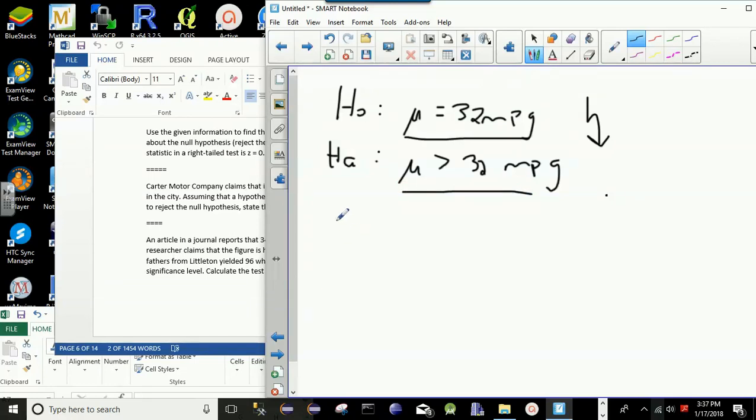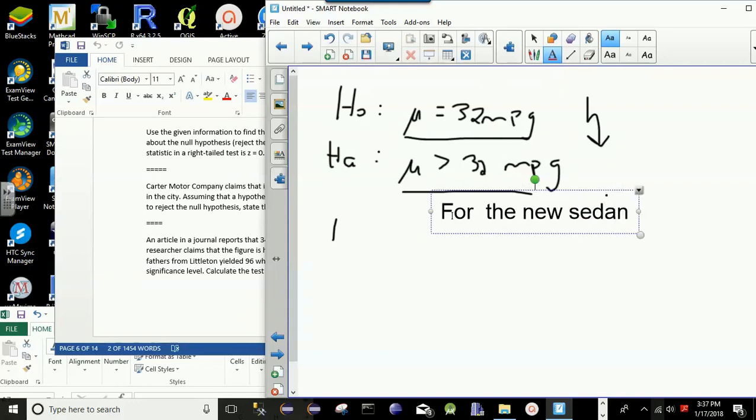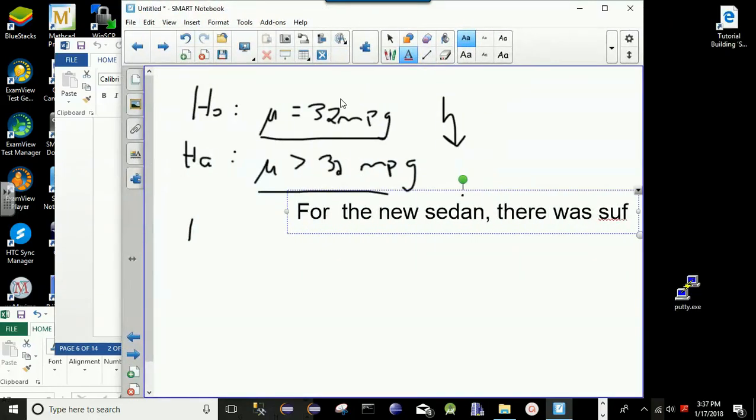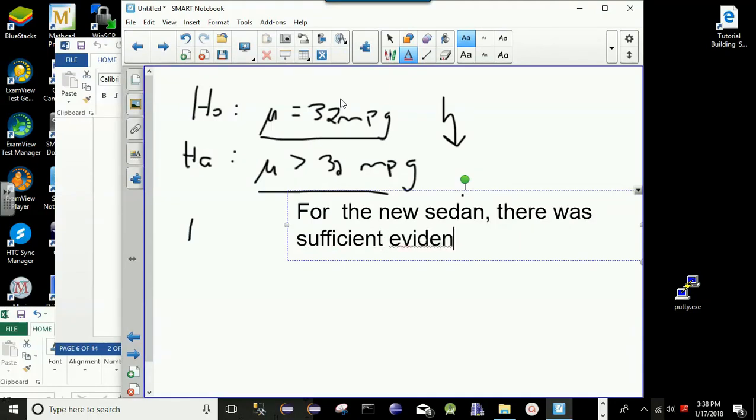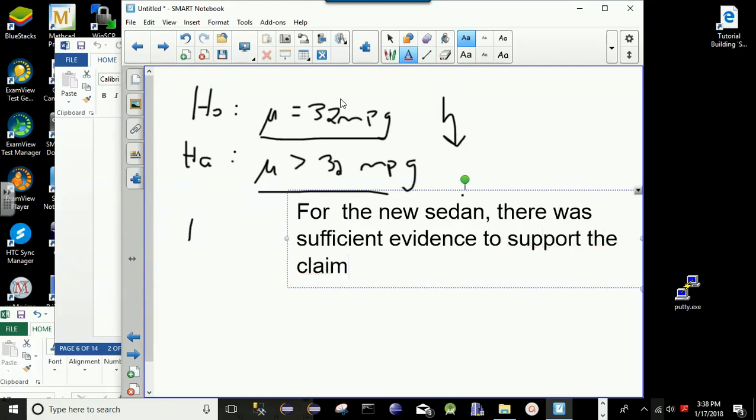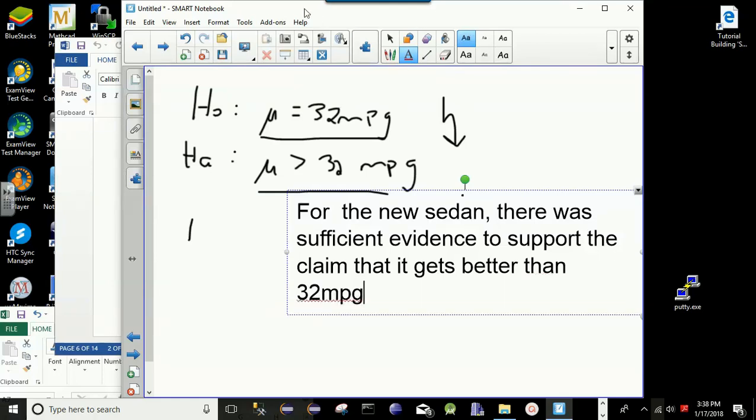So the conclusion is for the new sedan, there was sufficient evidence to support the claim that it gets better than 32 mpg. Okay, all right, so that would be that.